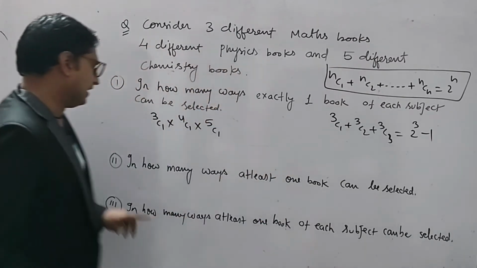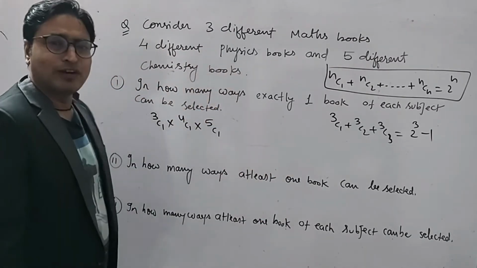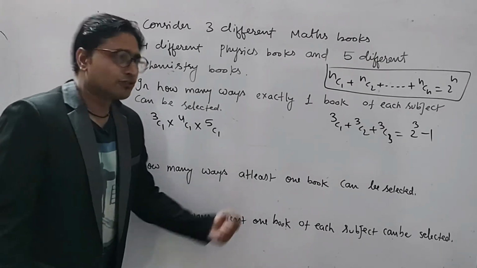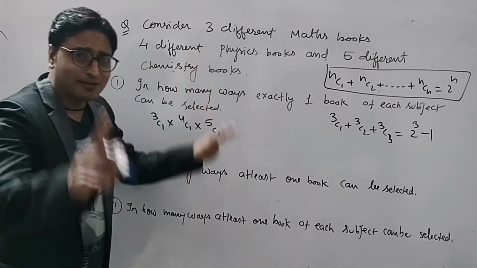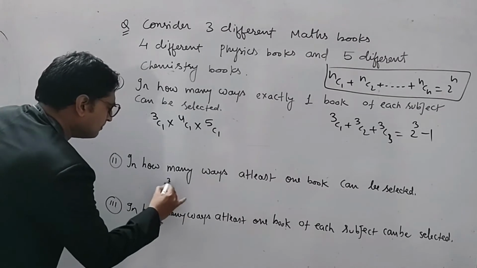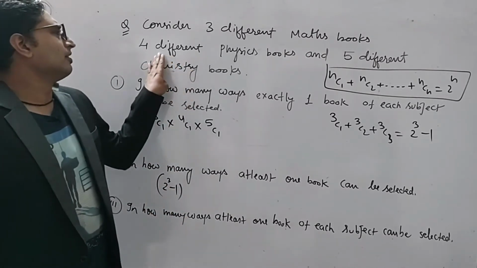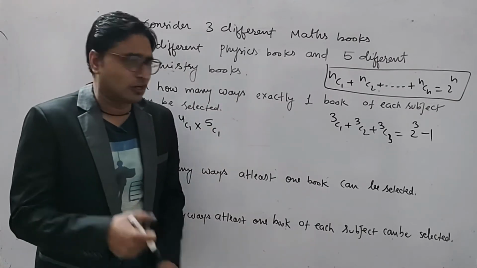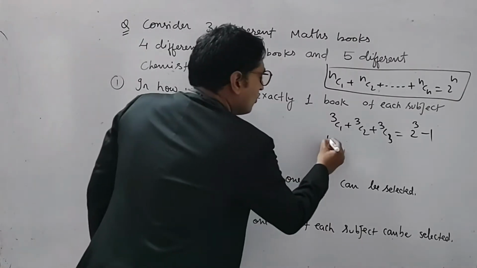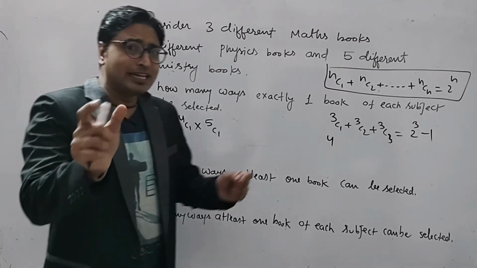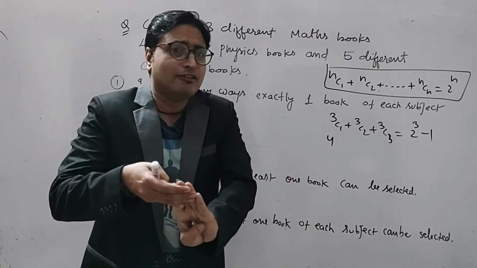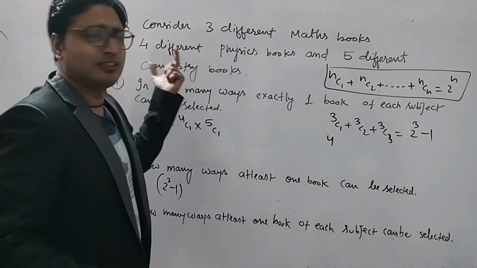Okay, so here if you have to select at least one book of each subject, for mathematics, for 3 different books, you can use 2 to the power 3 minus 1, and again for 4 different physics books, how will you select? At least one book means you have to select at least one book of each subject. So how many books of physics can you select?